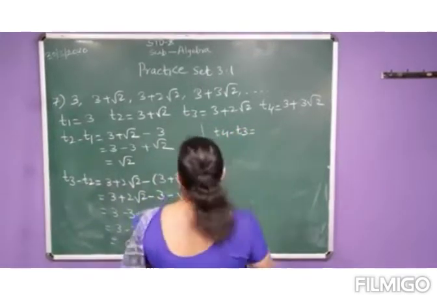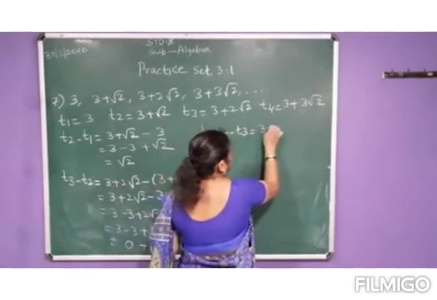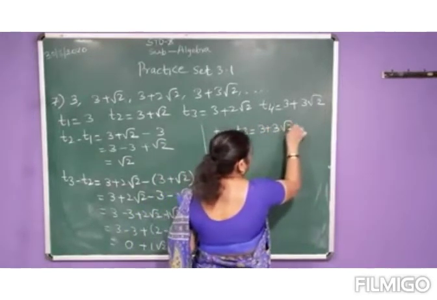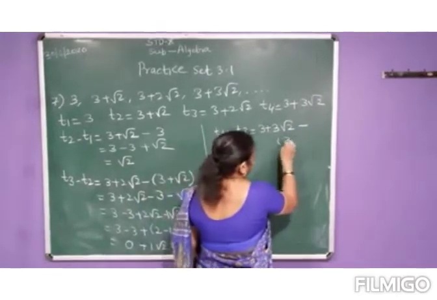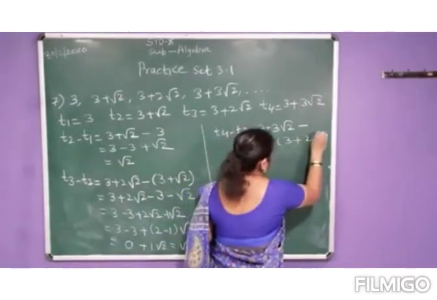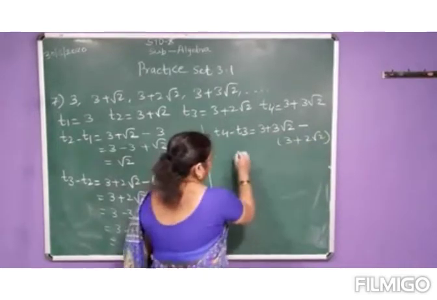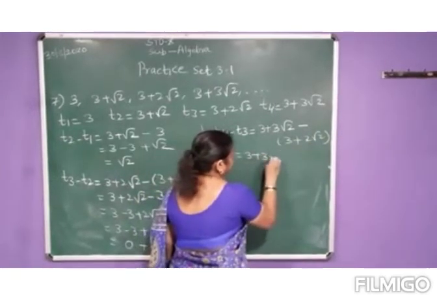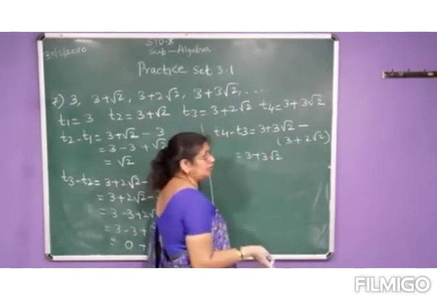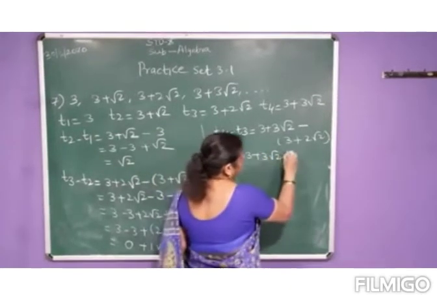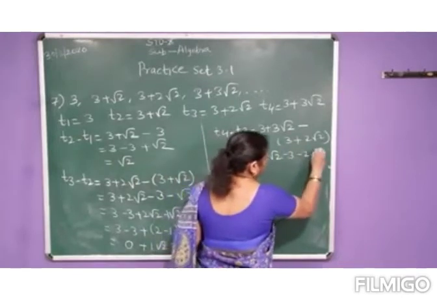Now we will see T4 minus T3. Here T4 is what? 3 plus 3 root 2, minus. Now what is T3 over here? 3 plus 2 root 2. Again a minus sign is there outside the bracket, so when you open the bracket the sign will change. So minus 3 minus 2 root 2.